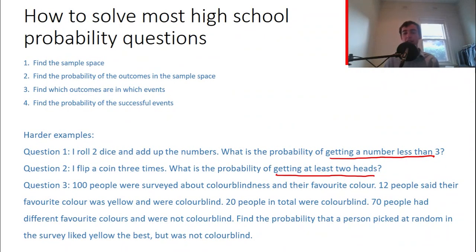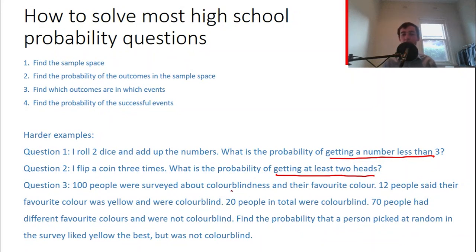Now, where it gets hard is question 3. First of all, there's more than one event. That's the first thing that makes this trickier. There are 2 events. So 100 people were surveyed about color blindness and their favorite color.